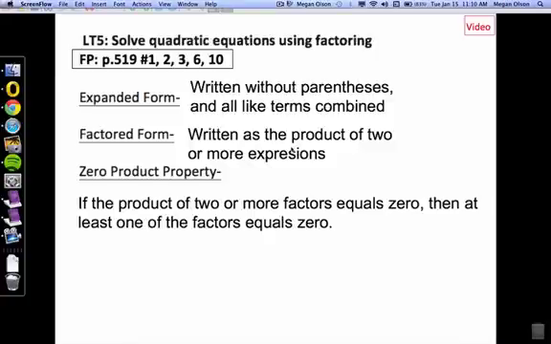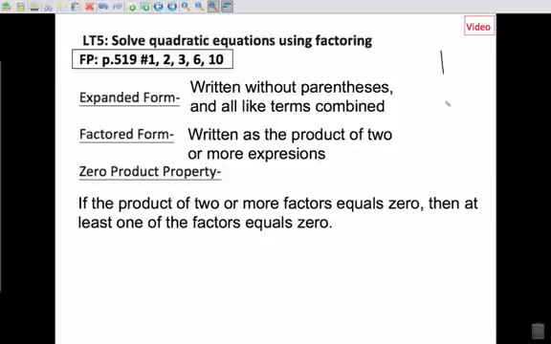So now that you've gotten those 3, I want to talk about what we're going to do in this learning target. In Learning Target 4, we started to solve quadratics using just algebraic manipulation. We subtracted from both sides, we square rooted both sides. You found out that most of the time we're going to have 2 answers for our quadratic equations because of that x squared.